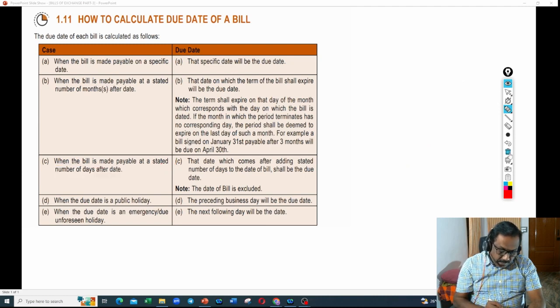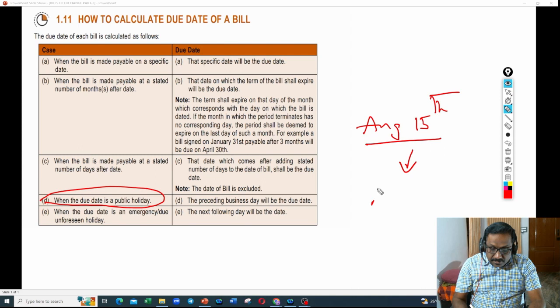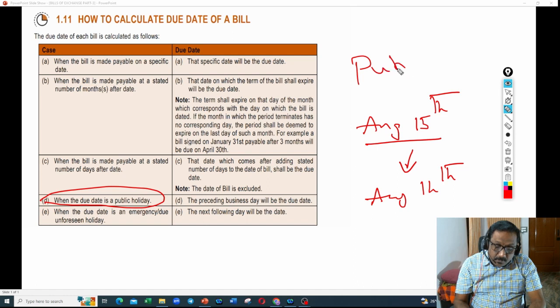Next, when the due date is a public holiday. For example, the due date is coming on August 15th. When the bill due date is coming on August 15th, then the previous day will be the due date, August 14th. This is applicable only in case of public holidays.